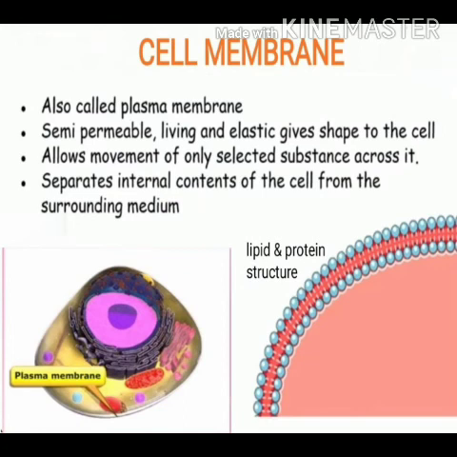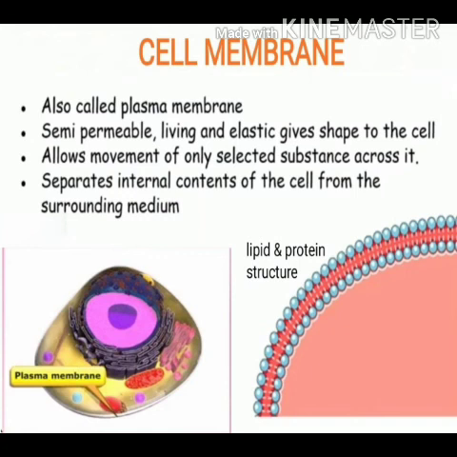Students, as the plasma membrane is the outermost layer, it protects the internal components of the cell from the outer medium. In case of any damage to the cell membrane, the cytoplasm and other components will move out, as it is a fluid and jelly substance. It will move out and the cell will be destroyed. So the plasma membrane is very necessary, as it defines the outer boundary of a cell.